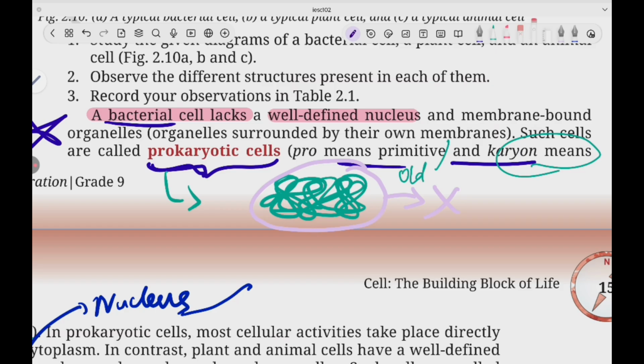Such cells are called prokaryotic cells. Prokaryotic means pro denotes primitive, or you can also write old. Primitive or old. Karyon actually means nucleus. So a prokaryotic cell does not have a nuclear membrane.